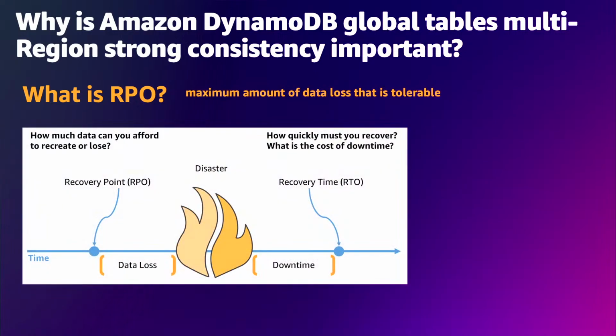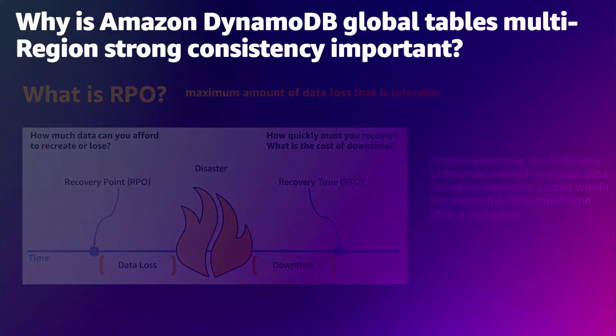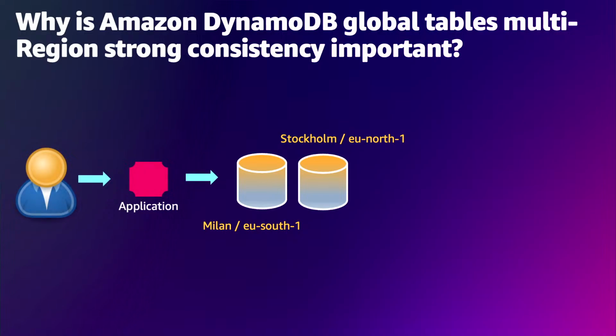RPO is the maximum amount of data loss that is tolerable for an organization, and it helps determine the frequency of backups that are needed for the data to be recovered in an acceptable time frame. Why is this important? Let's say we have some data. In our case, we have Milan and Stockholm. We have a user, an application.